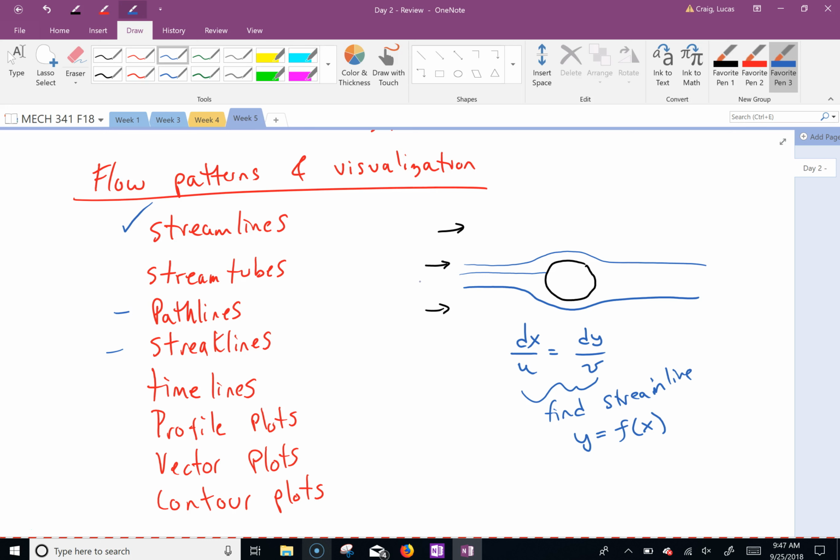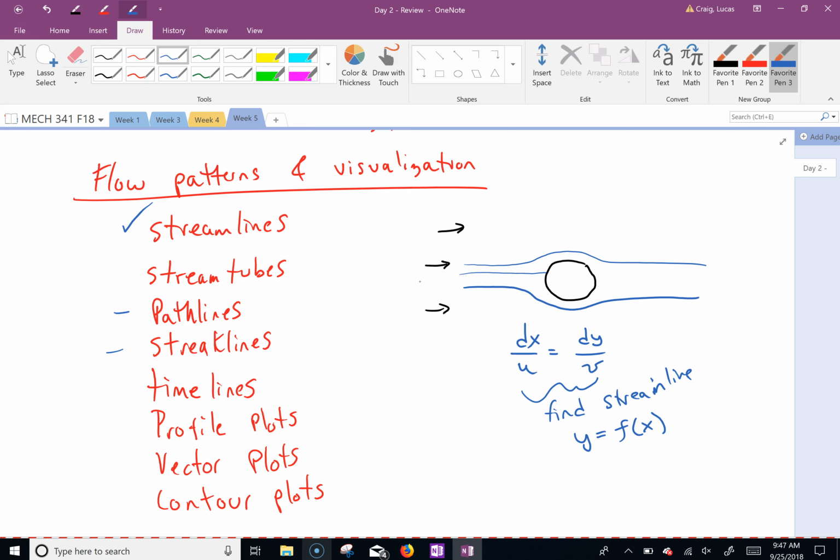Those are streak lines. So what I did is at injection 1, if I scroll down here, I injected it at time 0 all the way to the left, and it got to that point at 2 seconds.